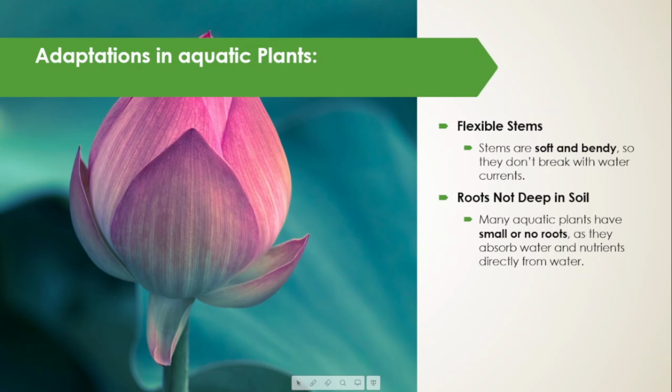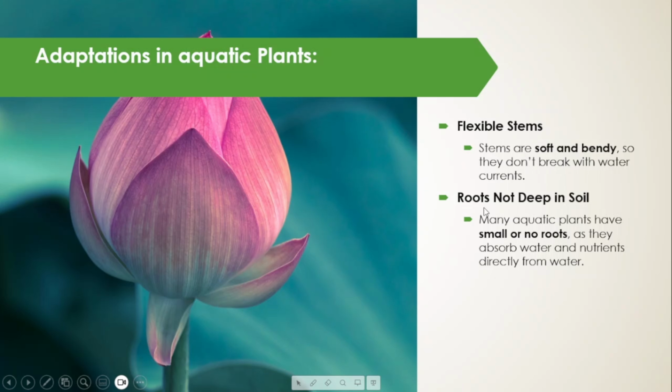And if the water keeps flowing and the plants have hard stems, then there is a possibility of the stem breaking, which may result in the death of the plant because of the moving water. So these plants that live in water bodies have flexible stems so that they are soft and bendy and do not break with water currents.